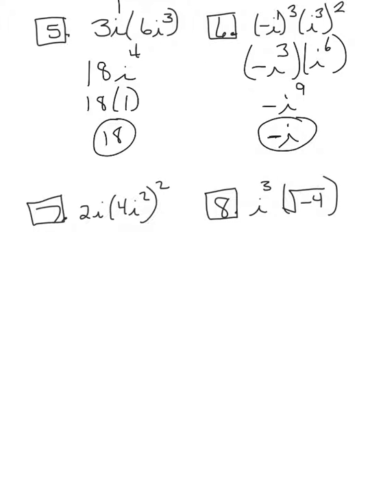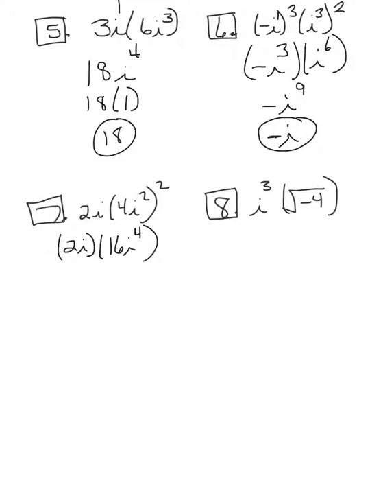Next one here, number 7, 2i times that. Take care of the exponents first, so I got 2i. I'm going to leave alone for a second. And now I got to square this whole thing. Well, 4 squared is 16, and i squared is squared. Remember, 2 times 2 is 4, so that's i to the 4th. Now you might want to clean this up first, or you can multiply. It's really a matter of your choice how you want to deal with these. I know i to the 4th is going to be 1, so that whole thing's going to be 16 times 2, which would be 32i.